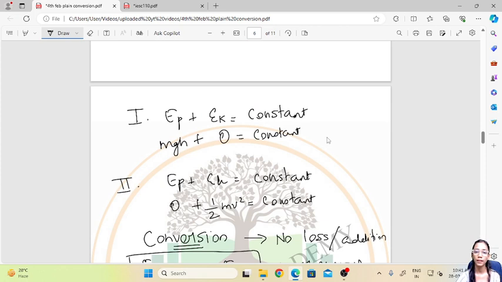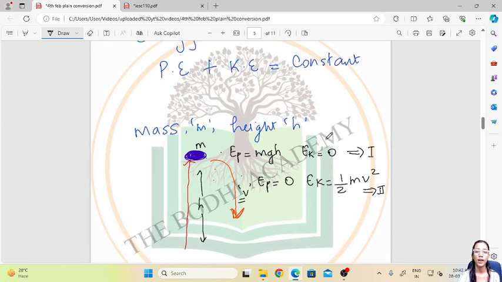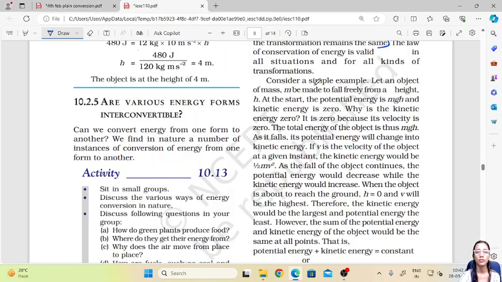It is a constant in both the cases. So this is satisfying the law of conservation of energy.